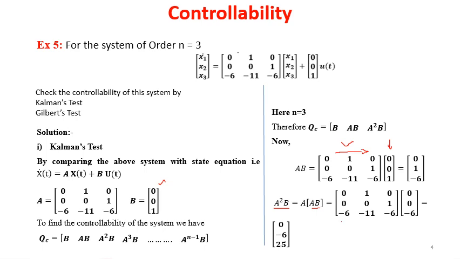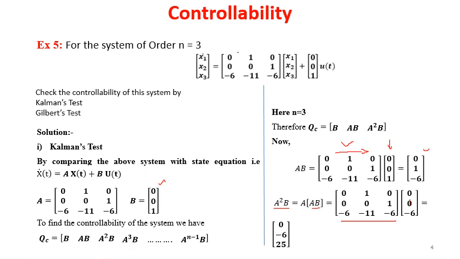A we already know, that is 0 1 0, 0 0 1, minus 6 minus 11 and minus 6, multiplied by AB, which we got here, 0 1 minus 6. When we multiply this A with AB, we get 0 minus 6 and 25. So this is the A square B value.